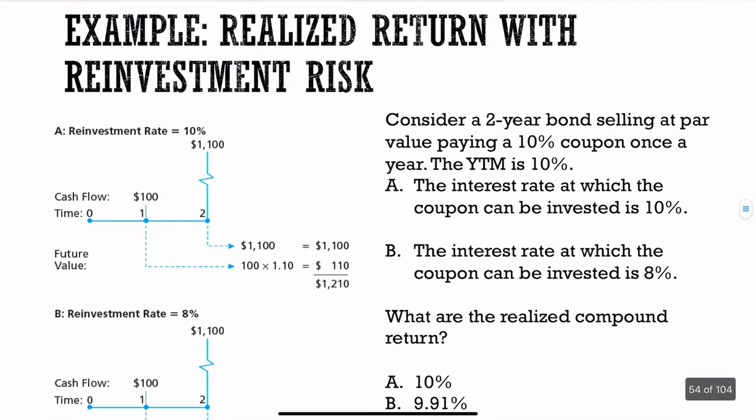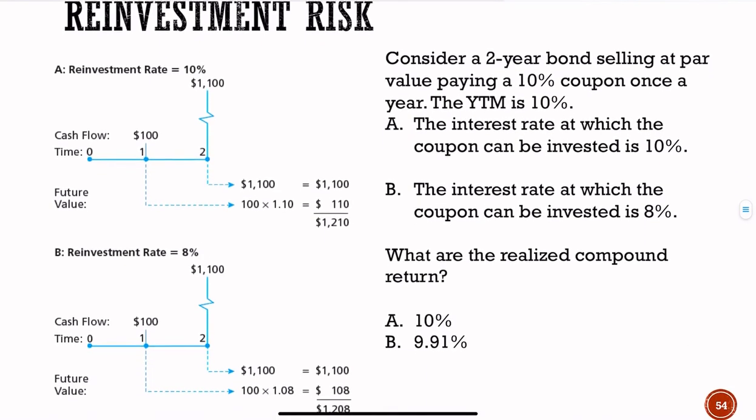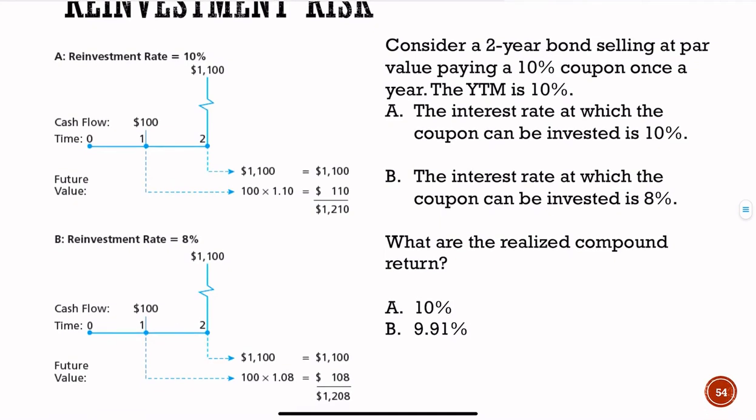Okay, now let's look at reinvestment risk. This one is actually pretty easy to understand because we're only having a 2-year bond. So everything is very clear here. Let's consider a 2-year bond selling at par, and it has a 10% coupon rate.